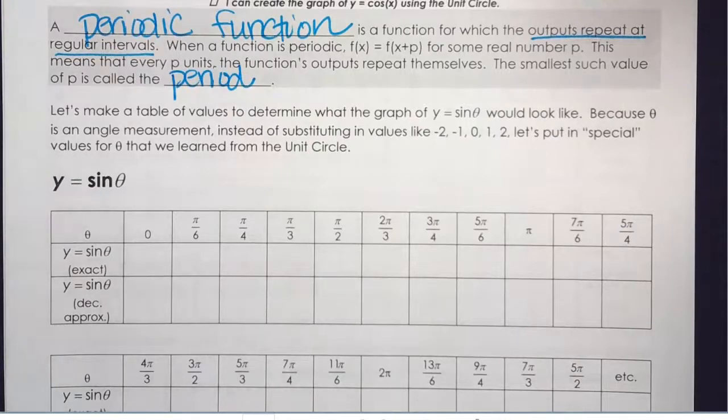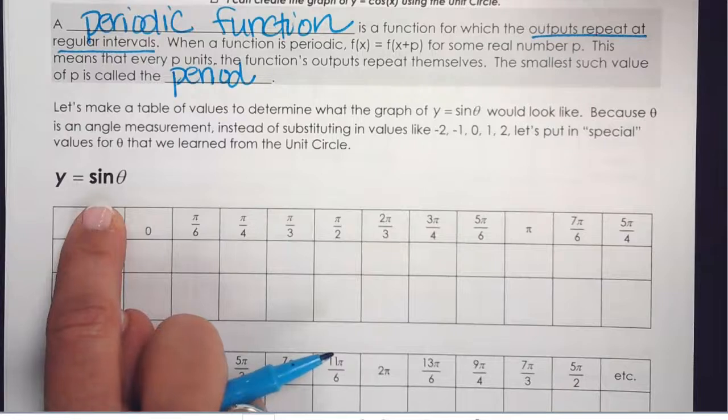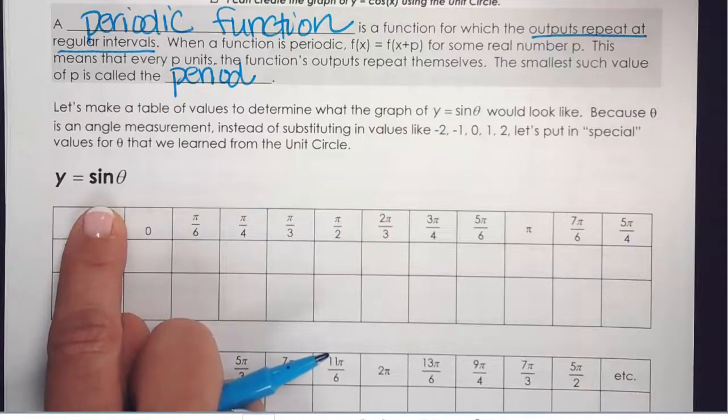So let's think about our unit circle, okay? And let's go around the unit circle and think about all the sine values. On the unit circle is sine x or y? Y. Good, okay? So let's think about the y values as we work our way around the unit circle.